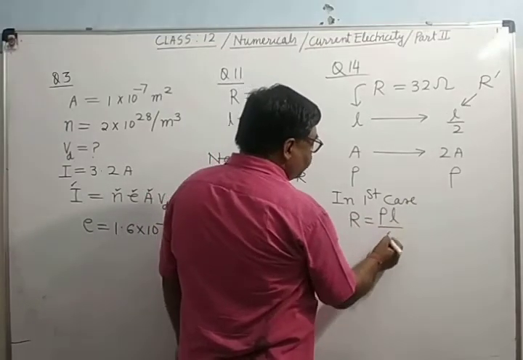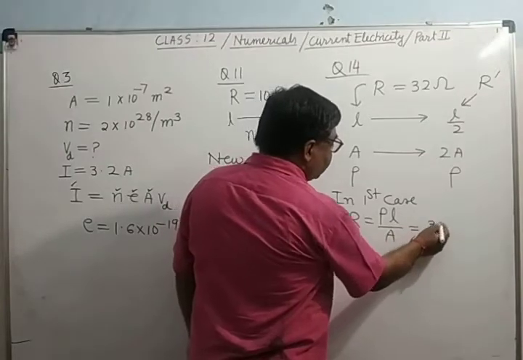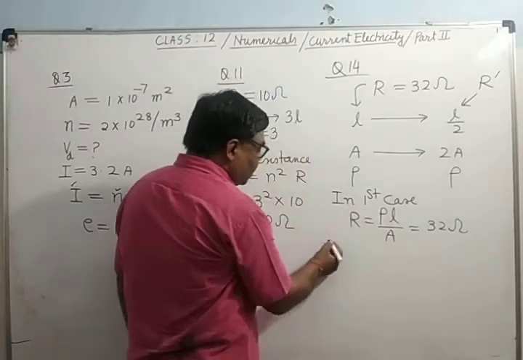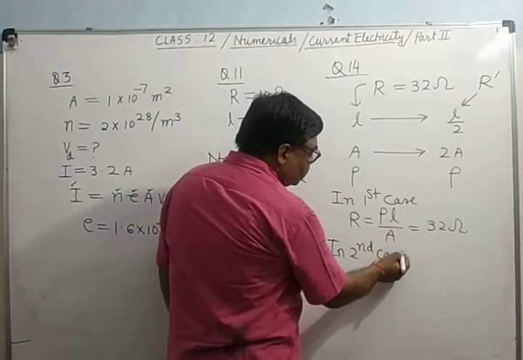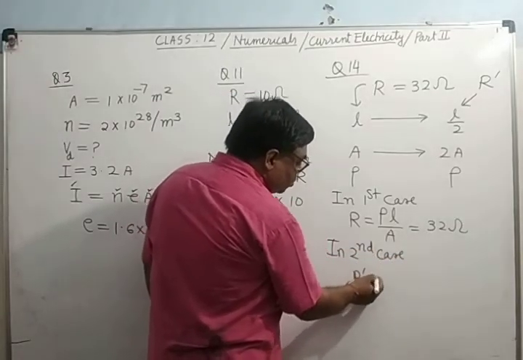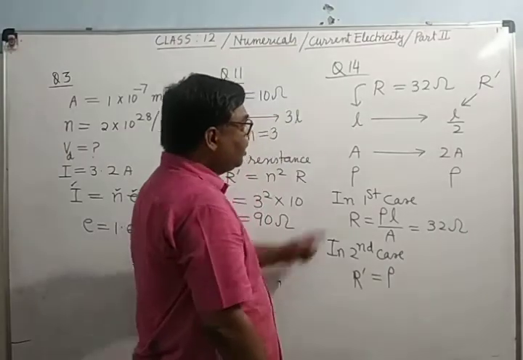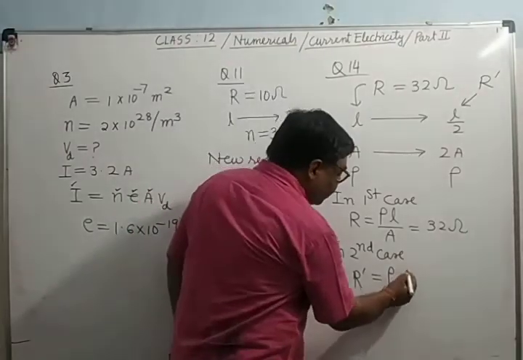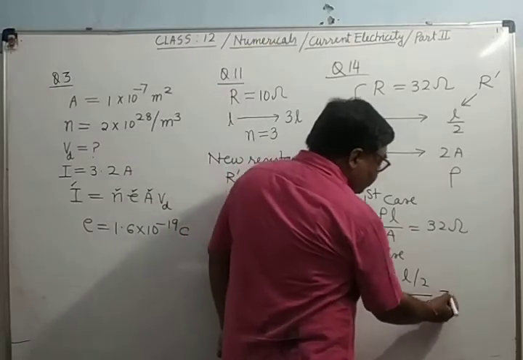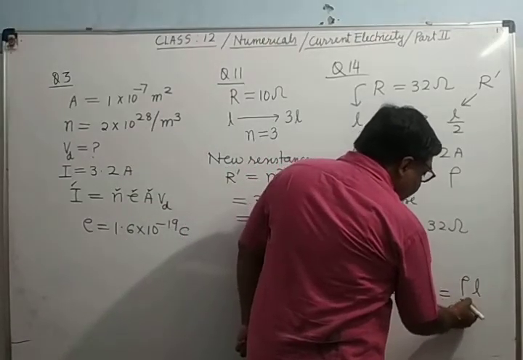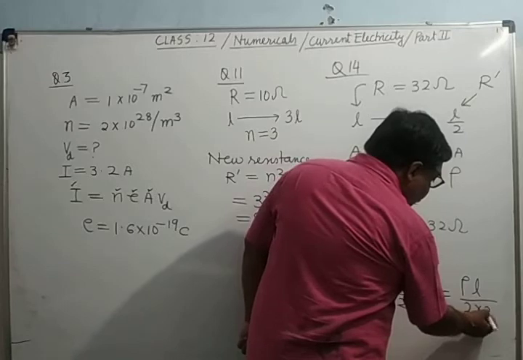Rho into L upon A, which is given as 32 ohm. In the second case, R dash equals rho, the length is now L by 2, and the area of cross section is 2A.